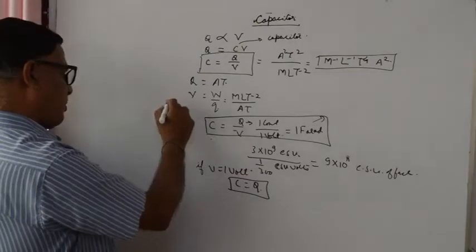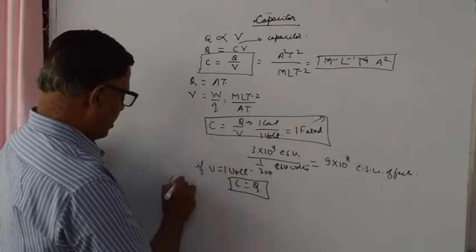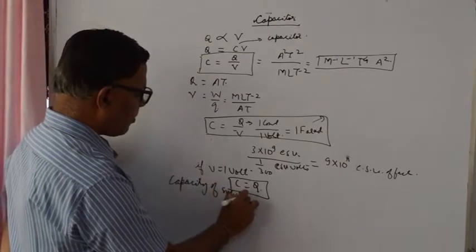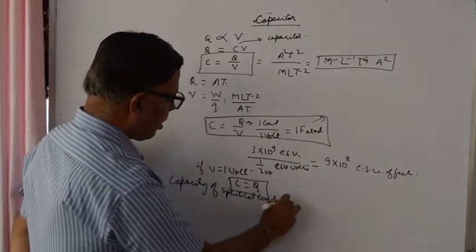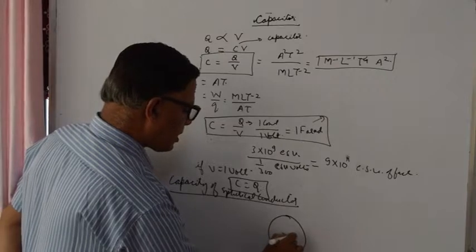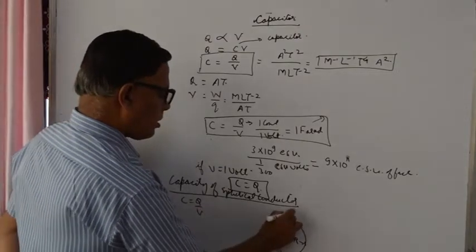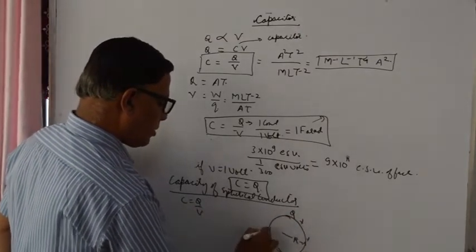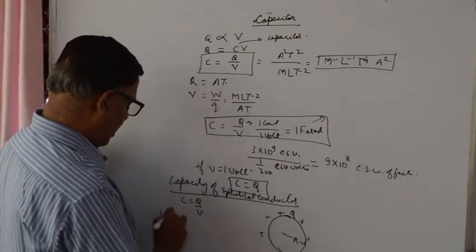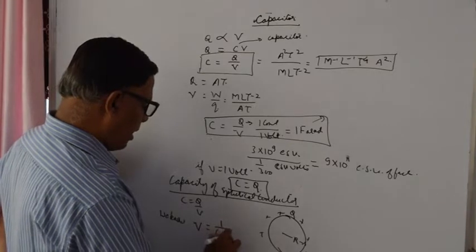Now we can see the capacity of different bodies, first the spherical conductor. If this is a sphere of radius r, then C is equal to Q upon V. The charge on the conductor is Q coulombs and the potential is V. We know that V is equal to 1 upon 4 pi epsilon 0 r.